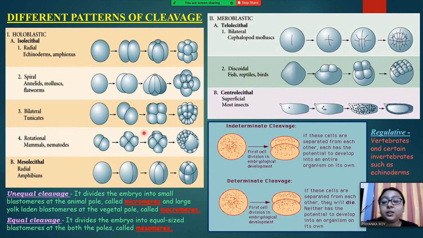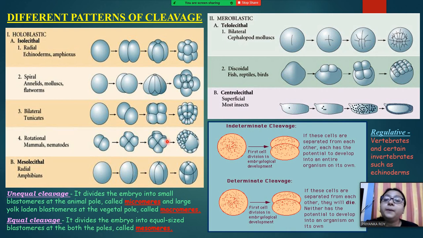In case of rotational cleavage, what happens is that at first there will be an equal division. In the second division, one of the daughter cells will start dividing meridionally, like the plane of cleavage will be through the meridian, and the other daughter cell will start dividing equatorially.